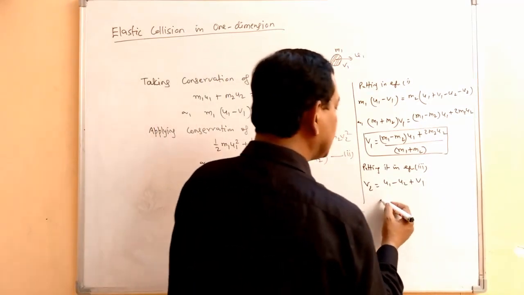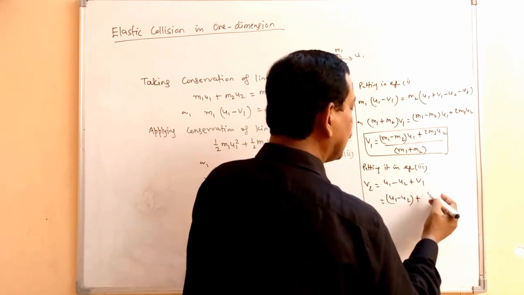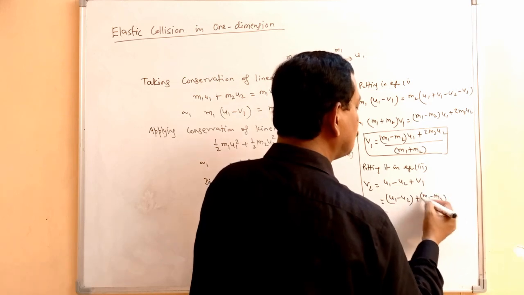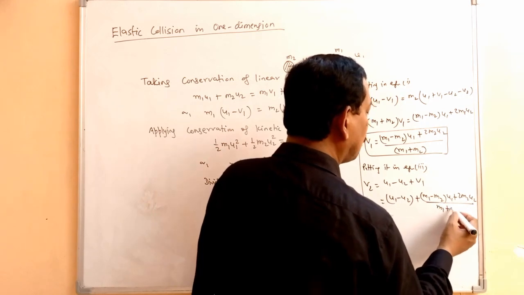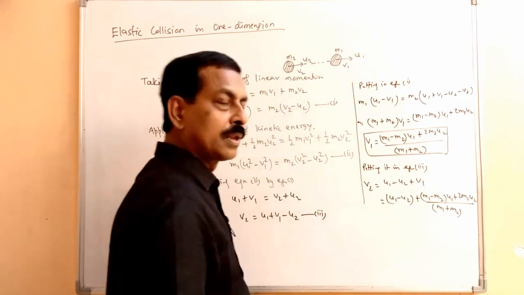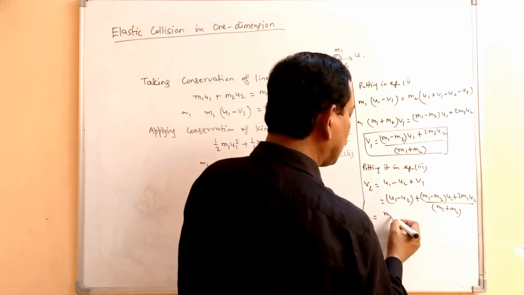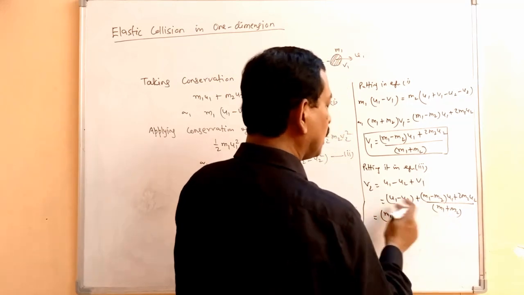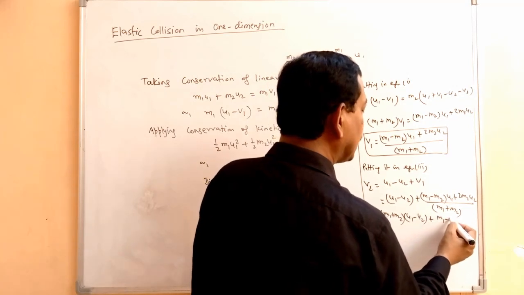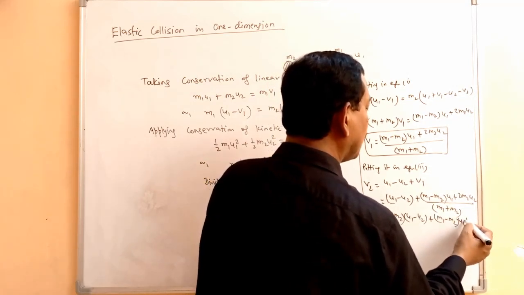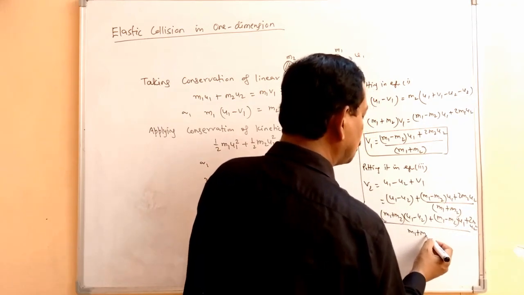We are just substituting: u1 minus u2 plus, for v1, ((m1 minus m2) u1 plus 2 m2 u2) divided by (m1 plus m2). If you simplify, we take the LCM and multiply the terms, giving ((m1 minus m2) u1 plus 2 times m2 u2) divided by (m1 plus m2).